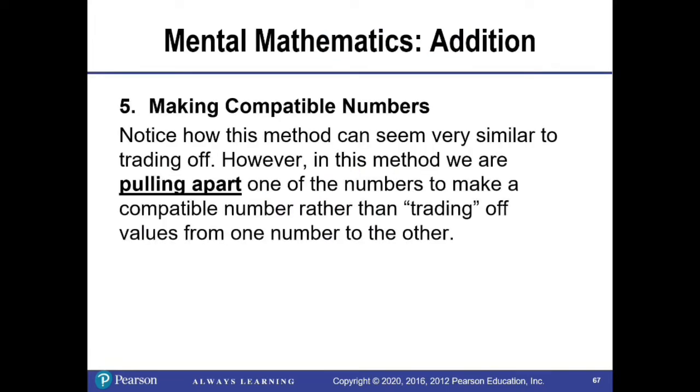Our next strategy talks about making compatible numbers. Now this method is very similar to trading off, but rather than adding to one and taking away or trading off for another, we're going to pull our numbers apart to make our compatible numbers. Again, I want to look at numbers that make multiples of 10.